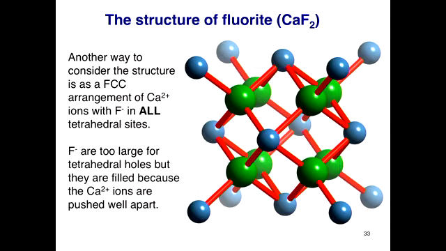So, 2 ways that I can describe the structure of calcium fluoride. A simple cubic arrangement of fluorides with half the cubic holes filled with calciums, or a face-centered cubic arrangement of calciums with all of the tetrahedral sites occupied.